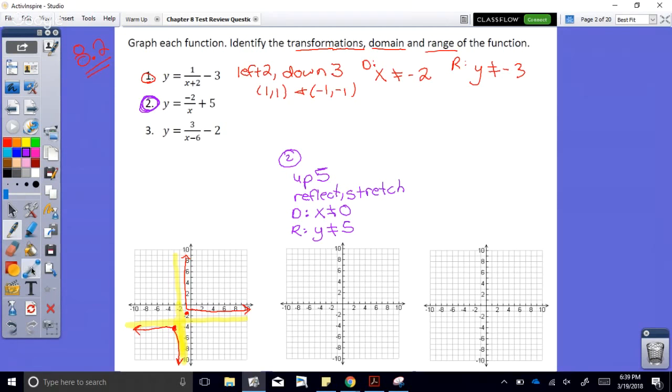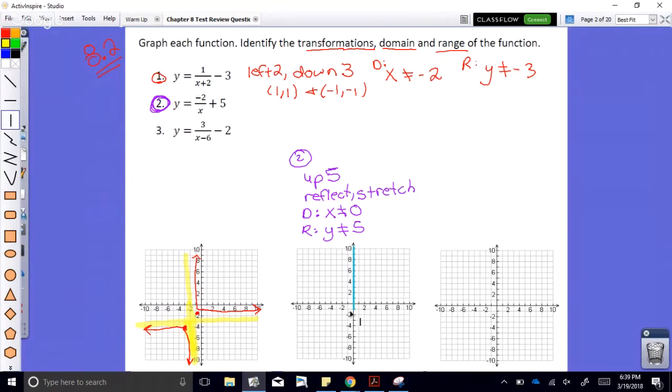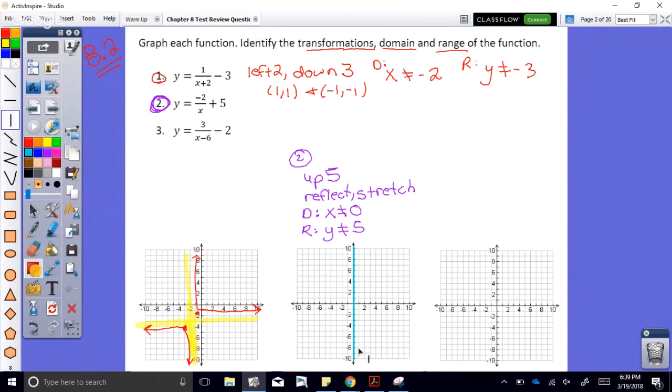So we're going to start with my asymptotes. Maybe this will work better if I try to draw this way. Okay, so again, it doesn't move left to right, so I have a vertical asymptote at 0. And since we said it went up 5, the new horizontal asymptote is going to be at 5.